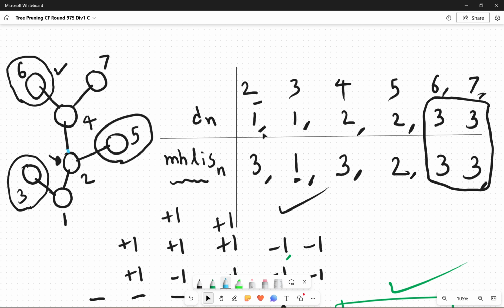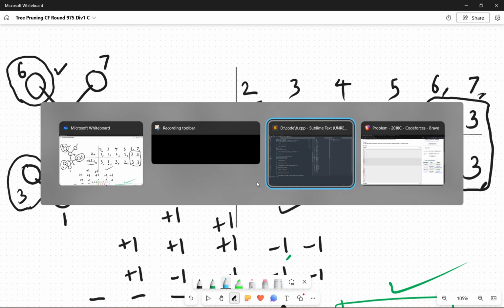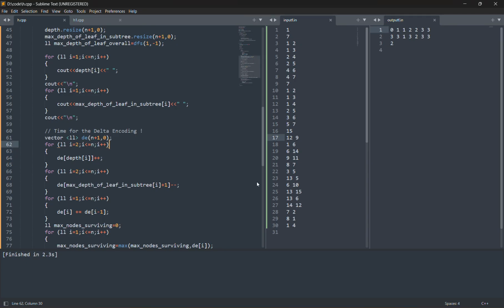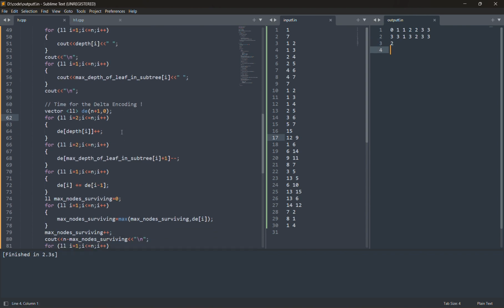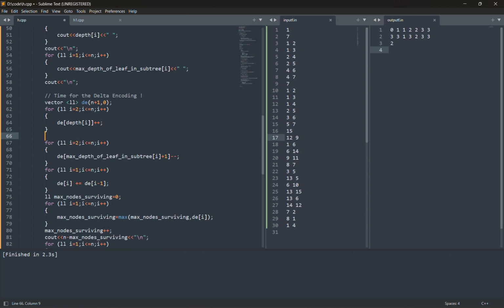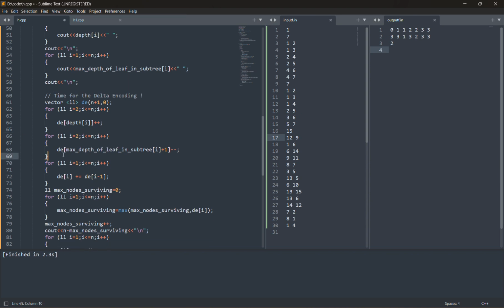And our MHLIS for n is 3 1 3 2 3 3, yes, that makes sense. MHLIS for 1 is absolutely 3, and our answer is just basically 2. If you want to check how the delta encoding looks, here is the thing.